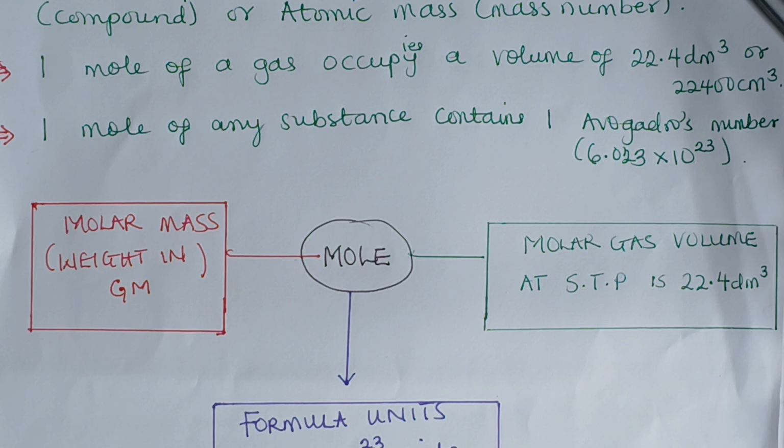That is, 1 mole of any substance contains, compared to 12 grams of carbon, approximately 1 Avogadro's number, which is 6.023 times 10 raised to the power 23. It is also approximately equal to the molar mass of elements.